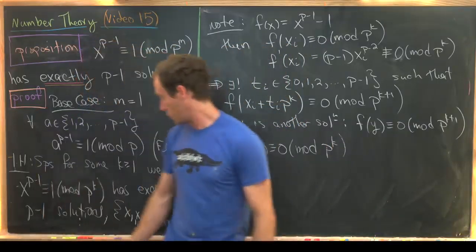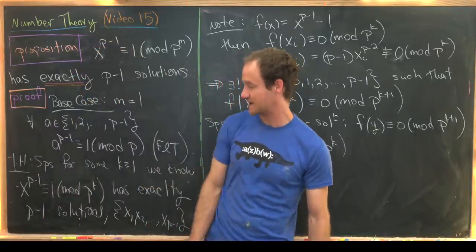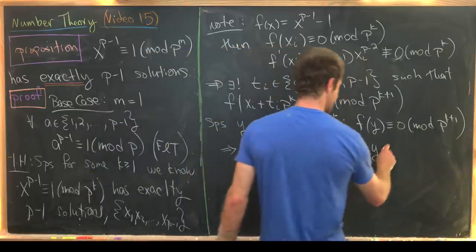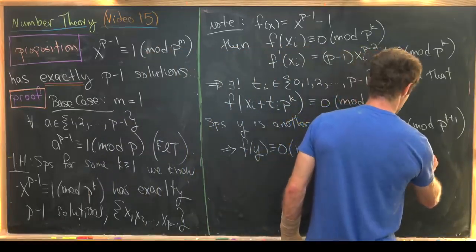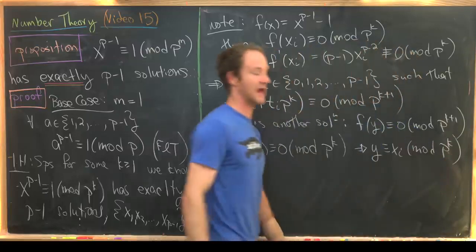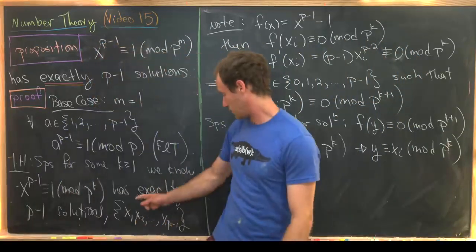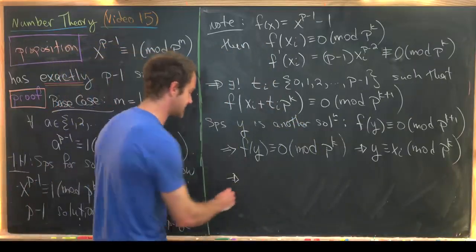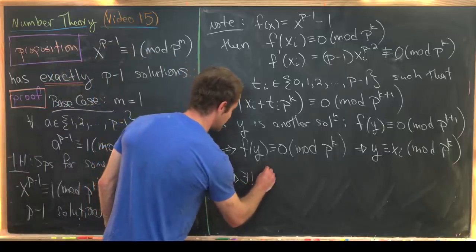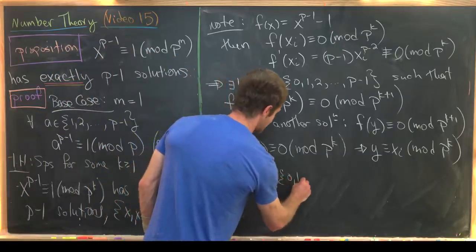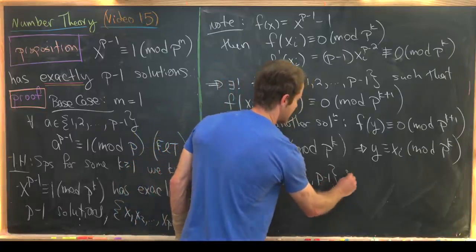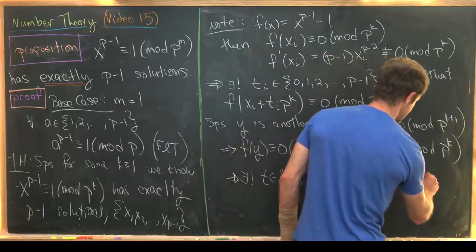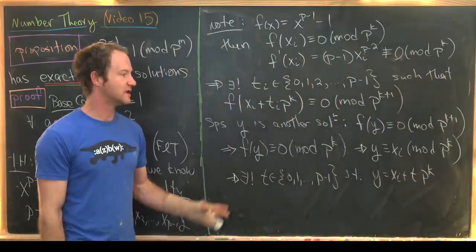But recall, we have all of our solutions to that congruence. And so that tells us that our y is congruent to xi mod p to the k for some i from this set. But now building Hensel's lemma back out of this, that means there exists a unique, I'll call it t, from the set 0, 1 up to p-1, such that y equals xi plus t times p to the k. But let's see what we've done.